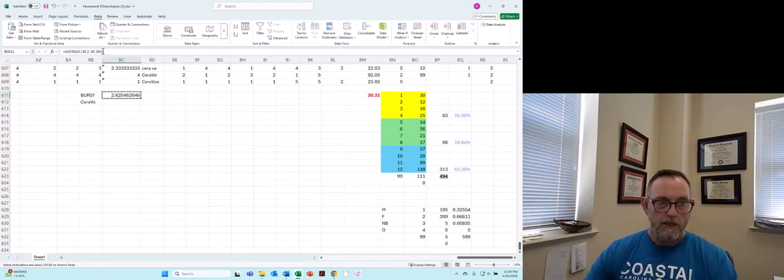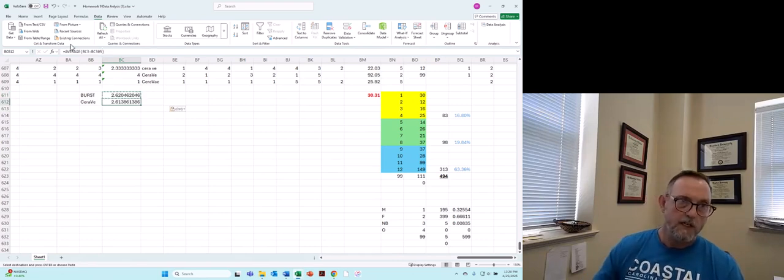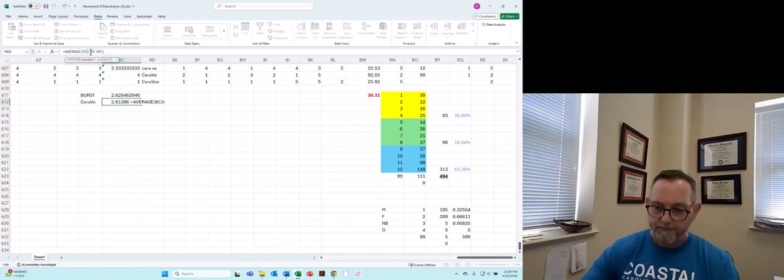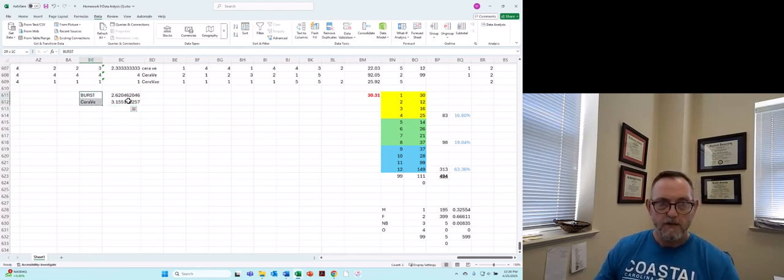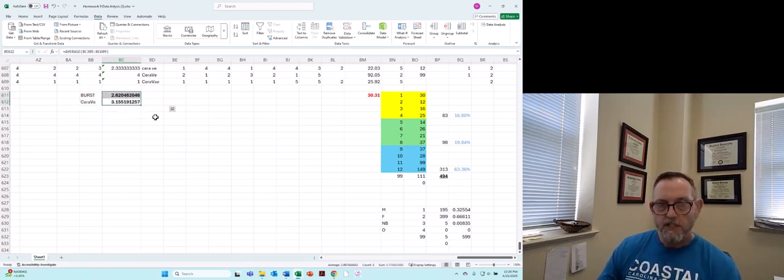Next one, we're going to do the same thing, only we're going to go from 305, so again this is CeraVe, down to 609, and we're going to see what shakes out. All right, very cool. So we have these purchase intention scores. They're the composite score that you created.